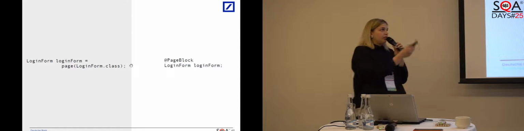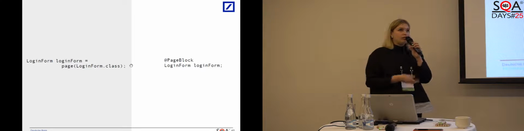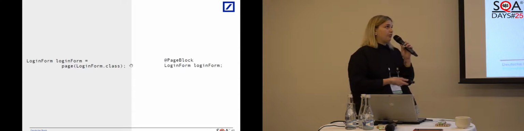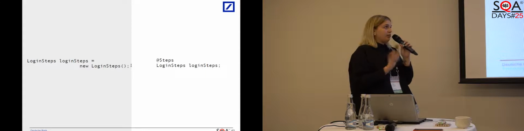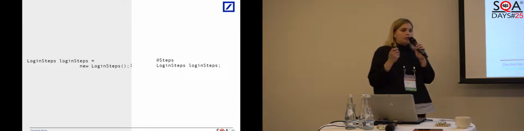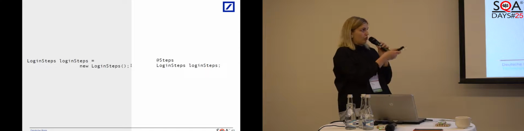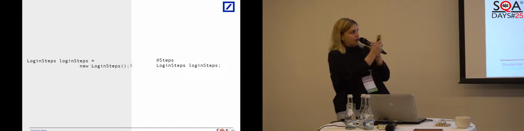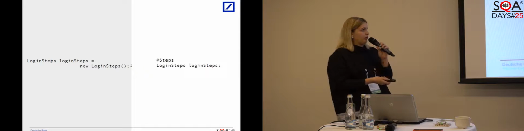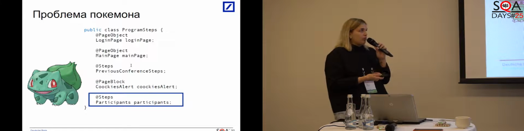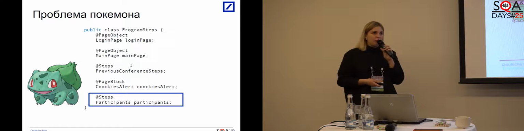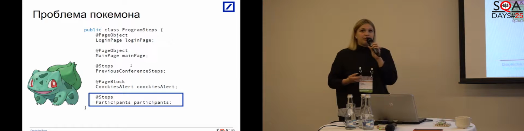Thus, in a test, we don't need to manually create an object. It's enough to mention the annotation, for example, page block or page object. The creation logic will be written down in a methodology that will define it.